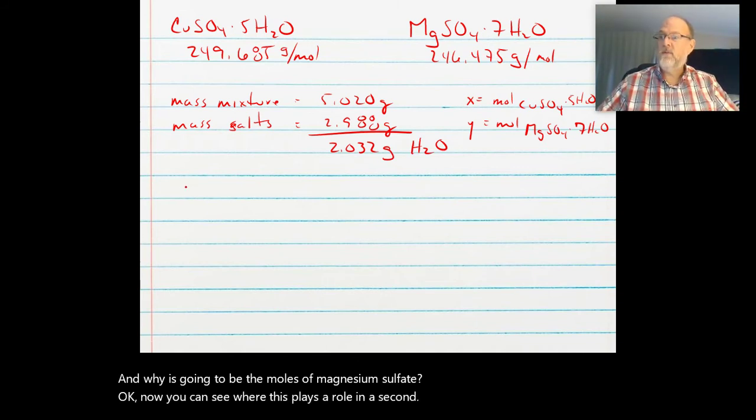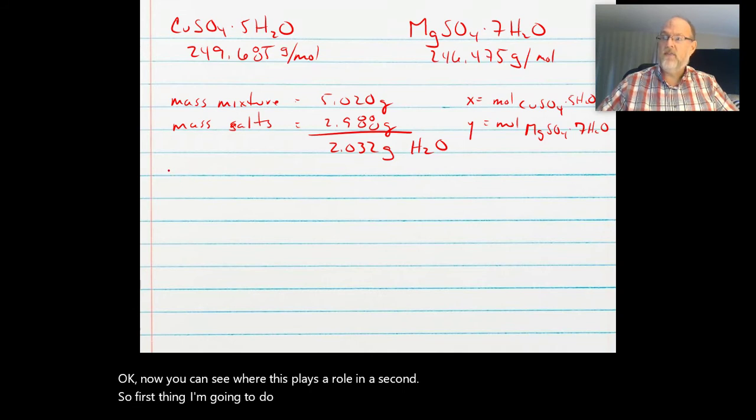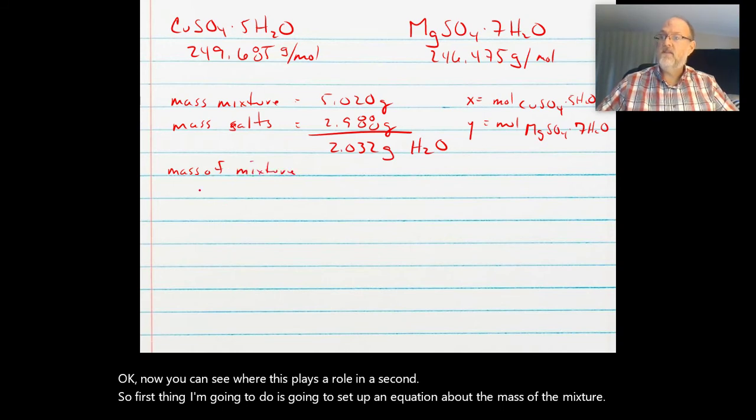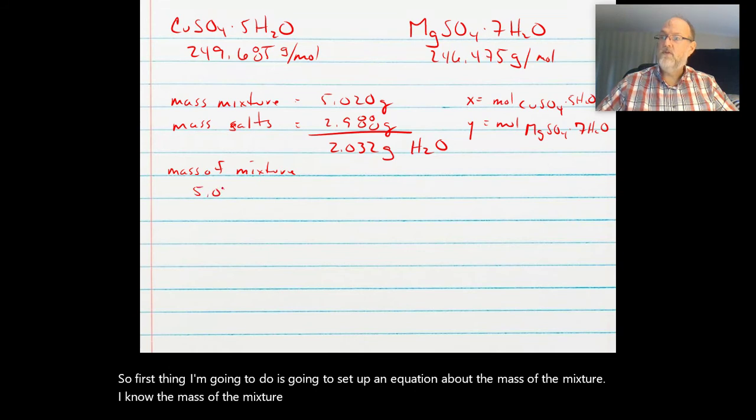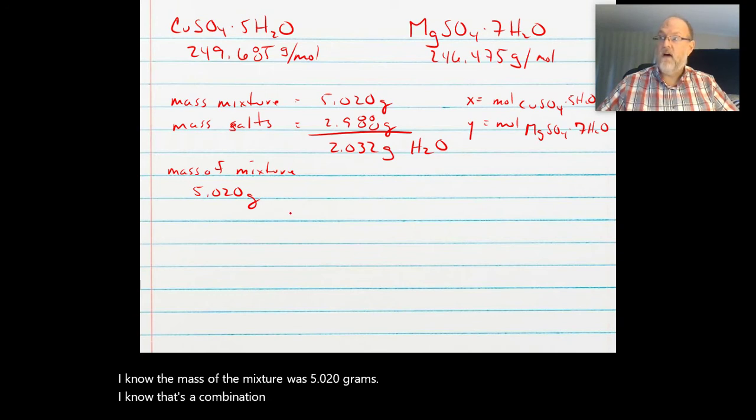So first thing I'm going to do is set up an equation about the mass of the mixture. I know the mass of the mixture was 5.020 grams. I know that's a combination of the mass of the copper sulfate and the mass of the magnesium sulfate.